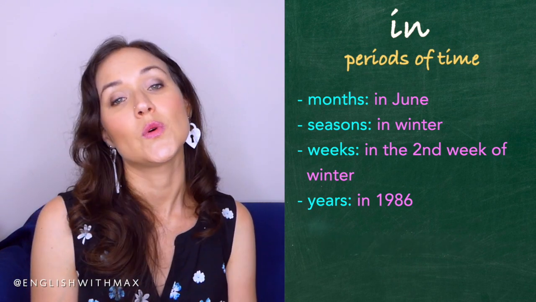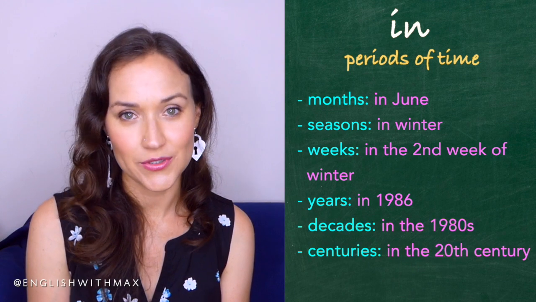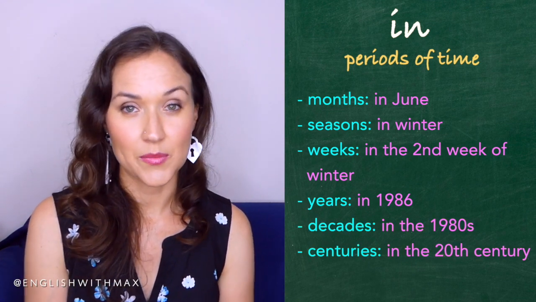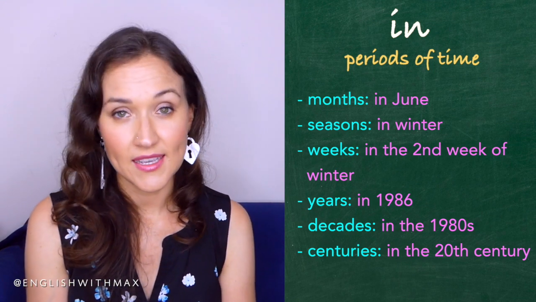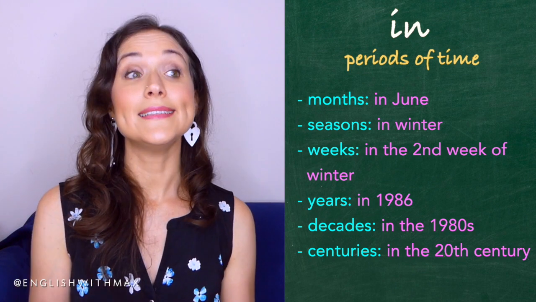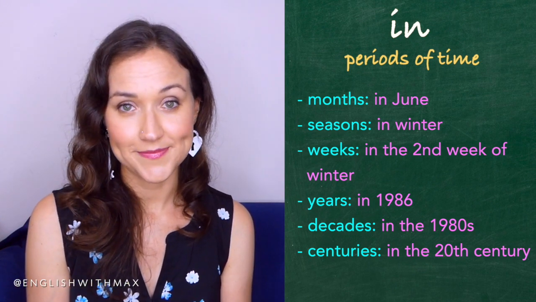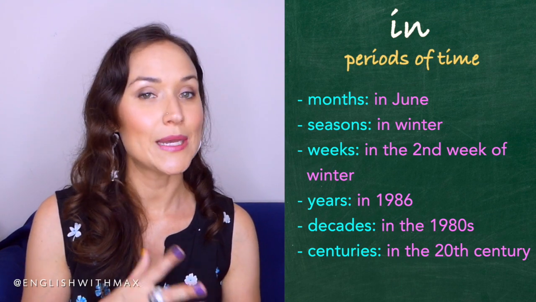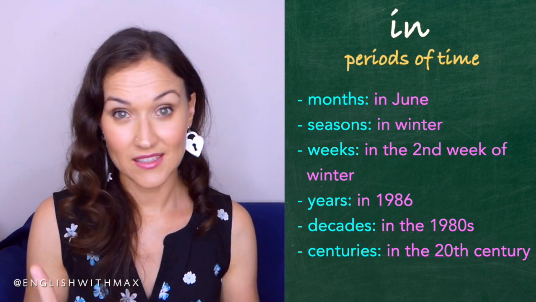We also use it for decades and centuries. In the 1980s, for example. You can also just say in the 80s. In the 20th century. One way to help you remember this is to perhaps imagine it physically.